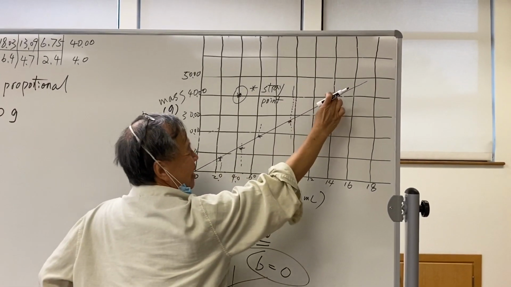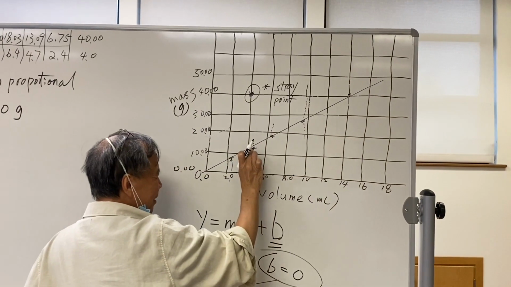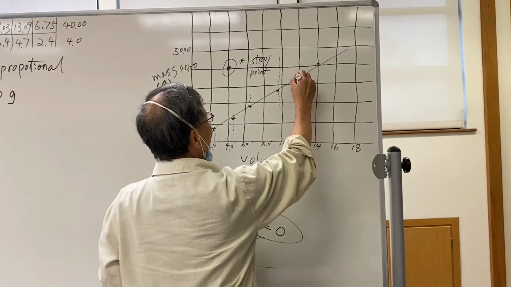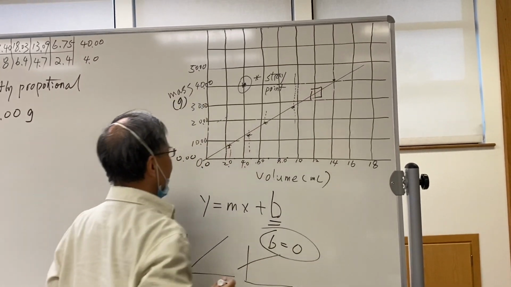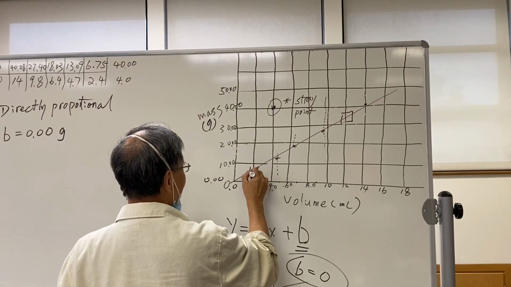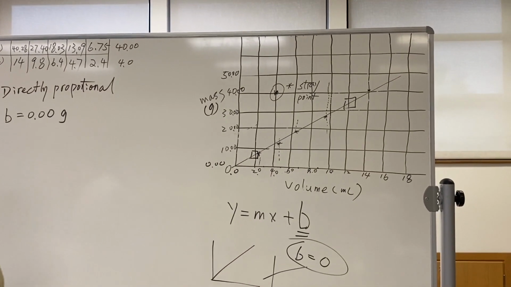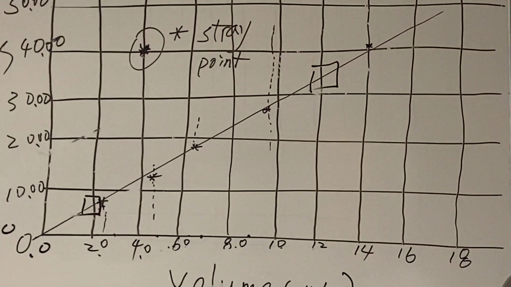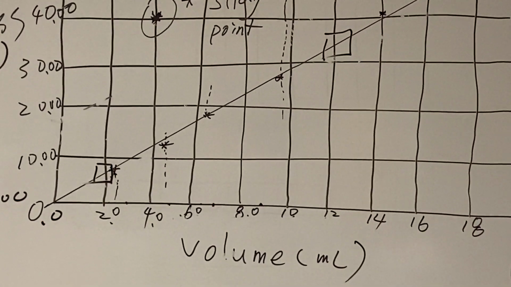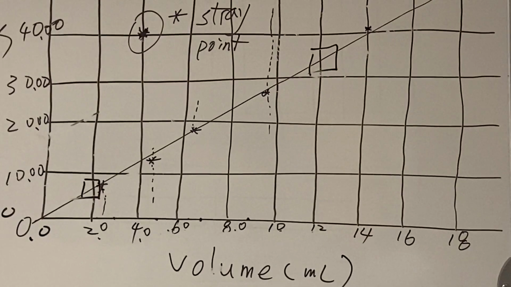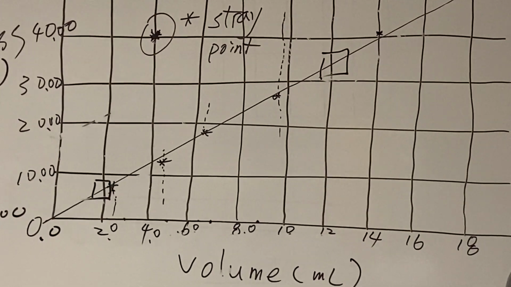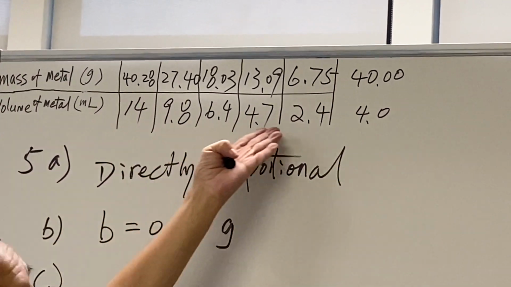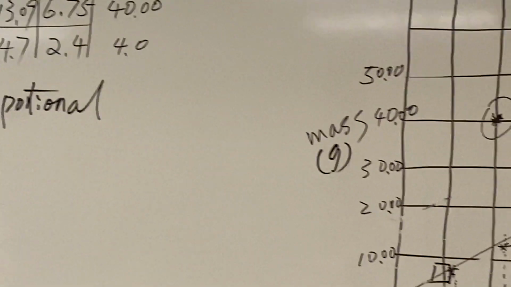A little bit up, a little bit below, and so on. I will pick 12, and then I will pick 2. Why do we want to pick 12 and then 2? Number one, those 2 volumes have not been used, so you can use them.